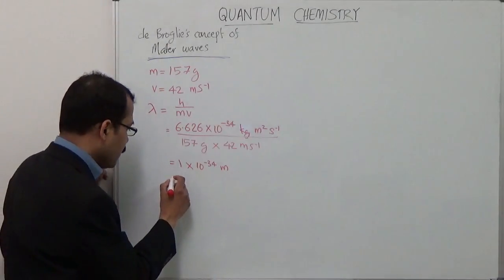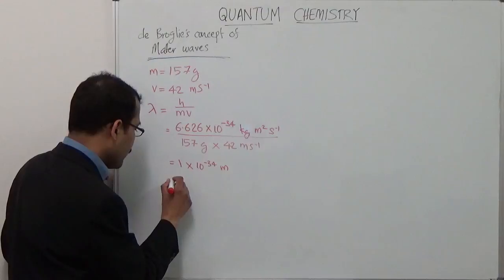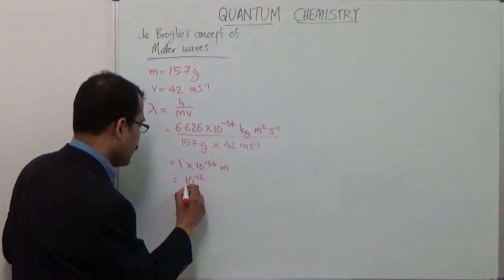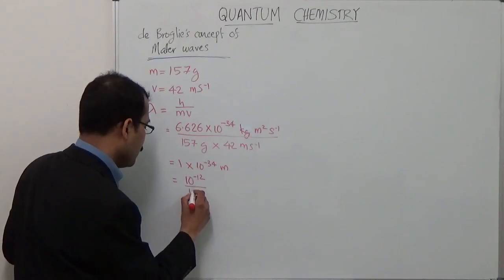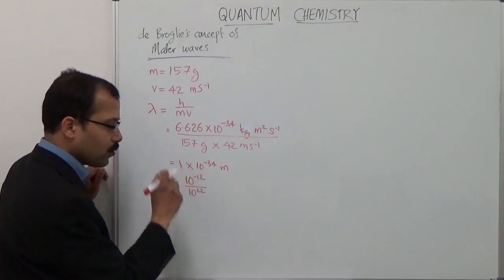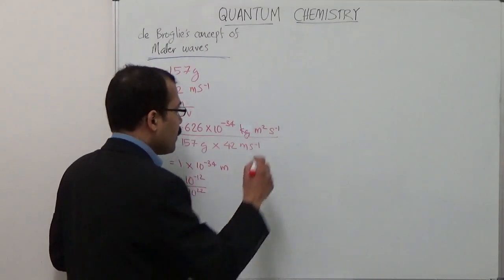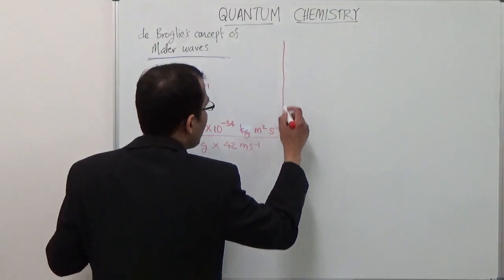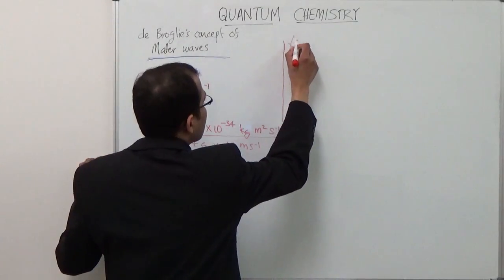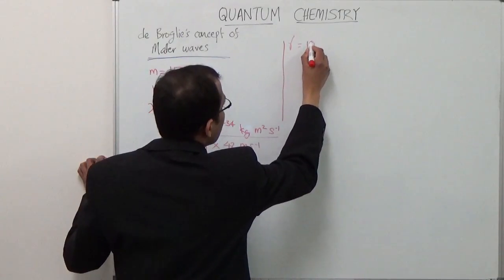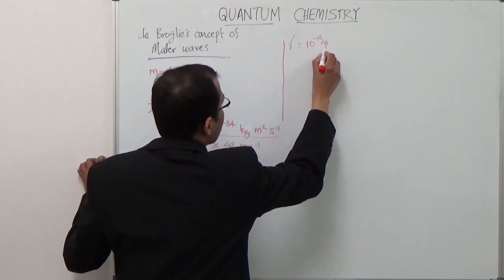And for simplicity, let me write it like 10 raised to minus 12 divided by 10 raised to 22. Why did I write 10 raised to minus 12? Because in the familiar electromagnetic spectrum, gamma rays have the shortest wavelength, of the order 10 raised to minus 12 meter.